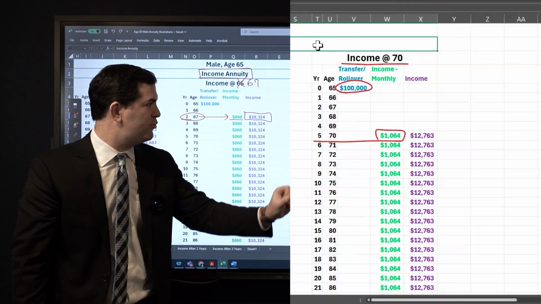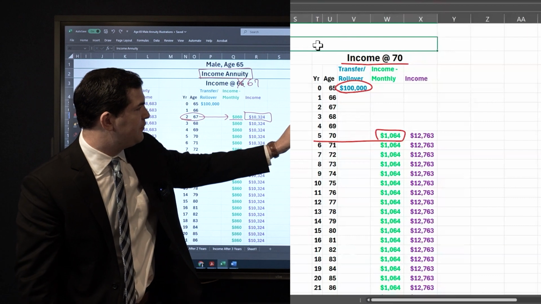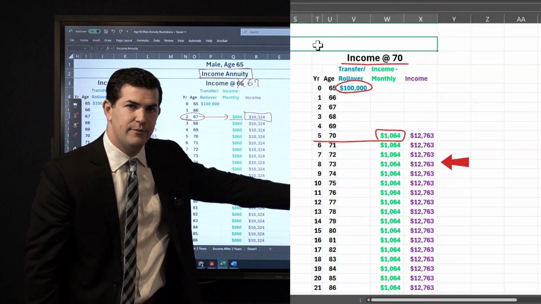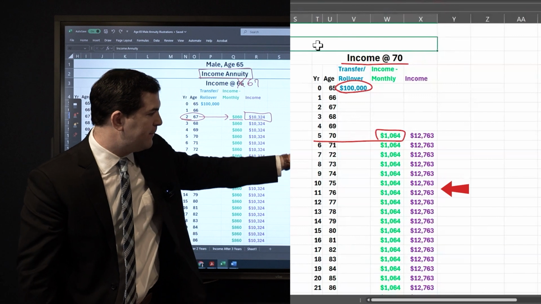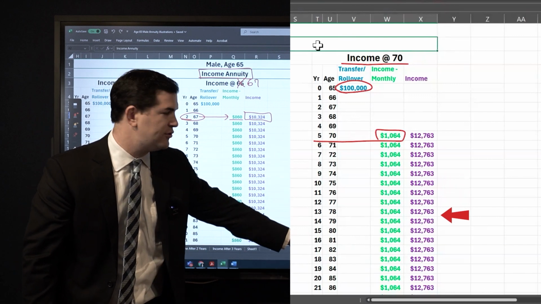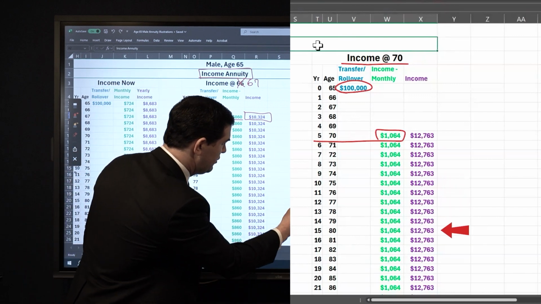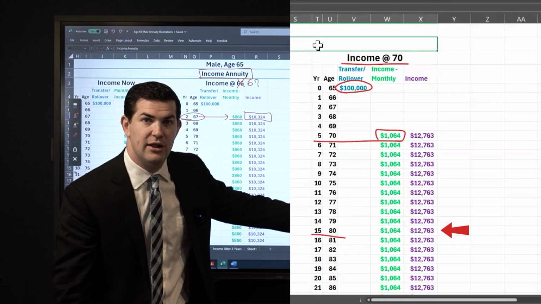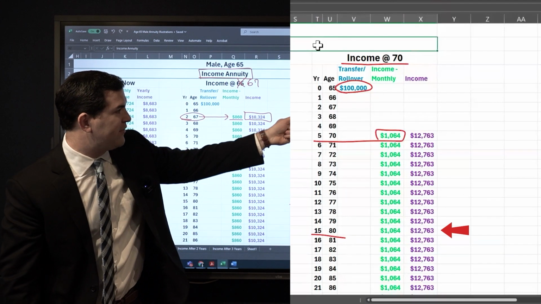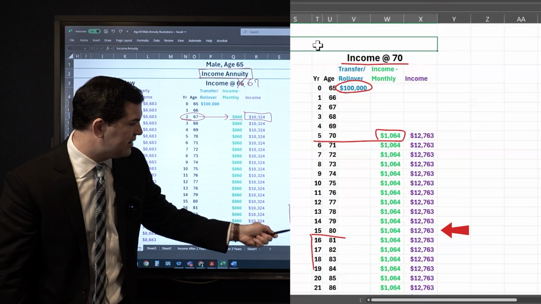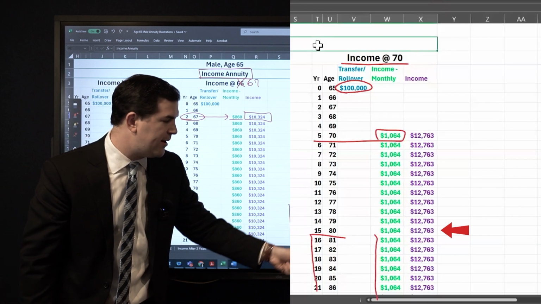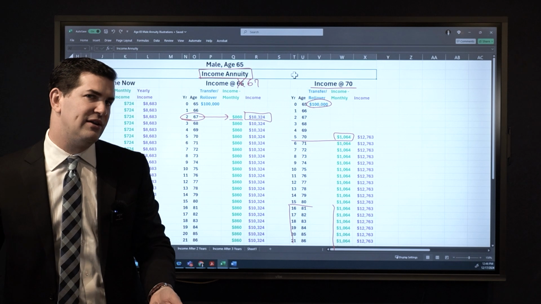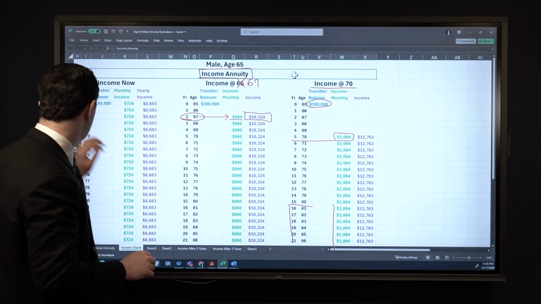No. What would really give me a lot of peace of mind is if that can just guarantee income for the rest of my life. So even after I've taken more than $100,000 here, after 10 years, he would have received $127,000, for example. Even after I've gotten my money back, I know that I continue to receive income for the rest of my life because it's guaranteed. That's why someone would gravitate toward this particular product.